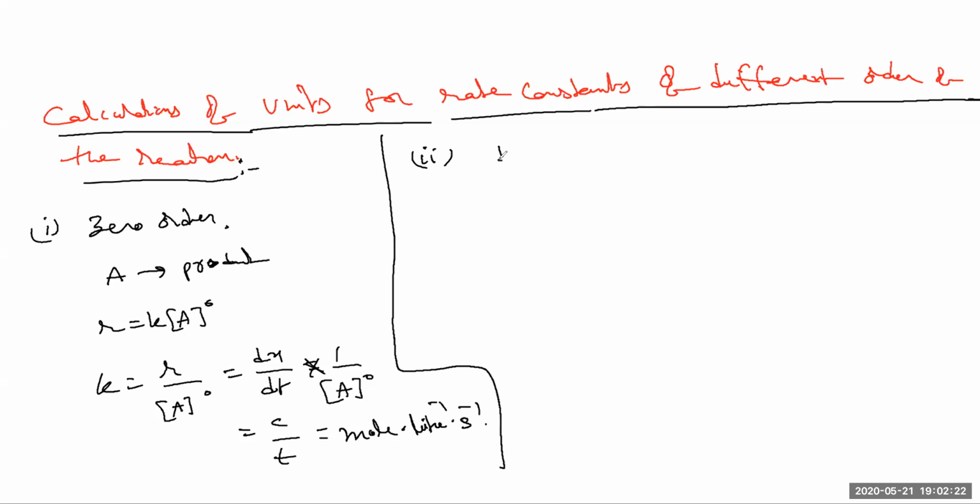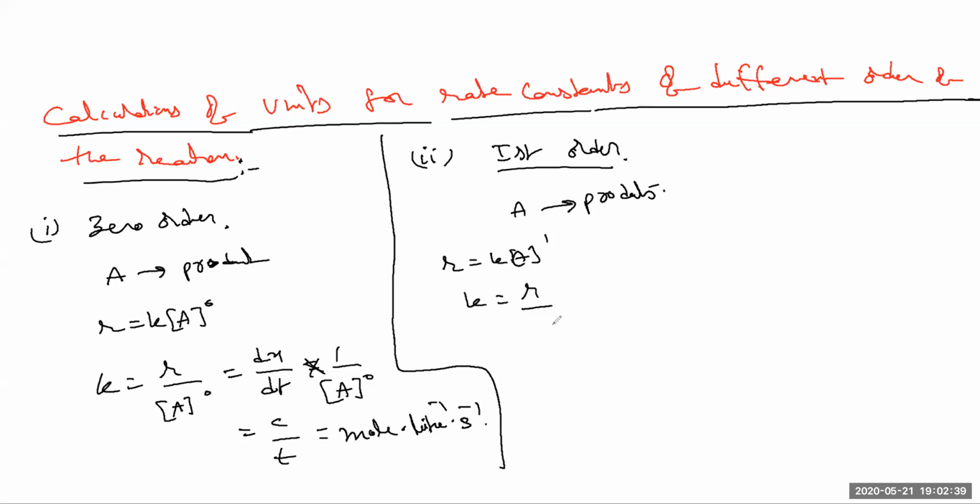First order. What is the first order now? Just consider A gives rise to products. Rate is equal to K into concentration of A power 1. Then K is equal to R by A power 1.